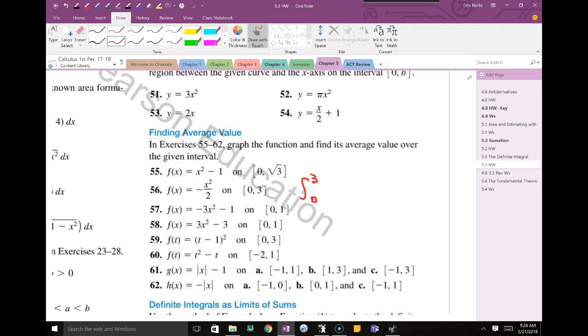X minus negative x squared. No, you don't do it. You're not doing any calculus right now. It is just strictly finding areas. So you're using your geometric knowledge to find the area underneath the curves. I'll show you how to do the curvy ones later. That's the next section.